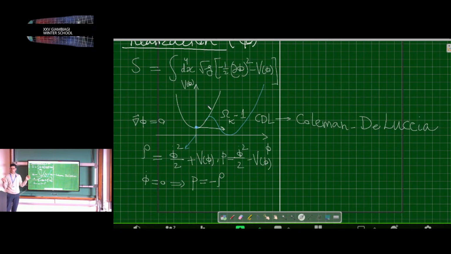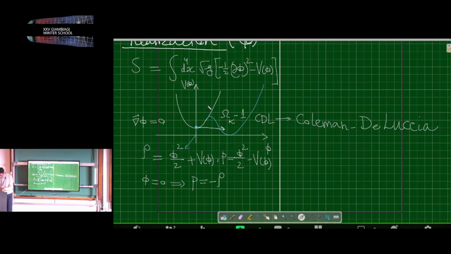As a result, if you start from omega curvature of order 1, today it will be much bigger, or it will be much more important than radiation and matter. It will be less important than cosmological constant, but more important than radiation and matter. So this is, of course, not what we see. We see that we live in a universe that is almost flat.